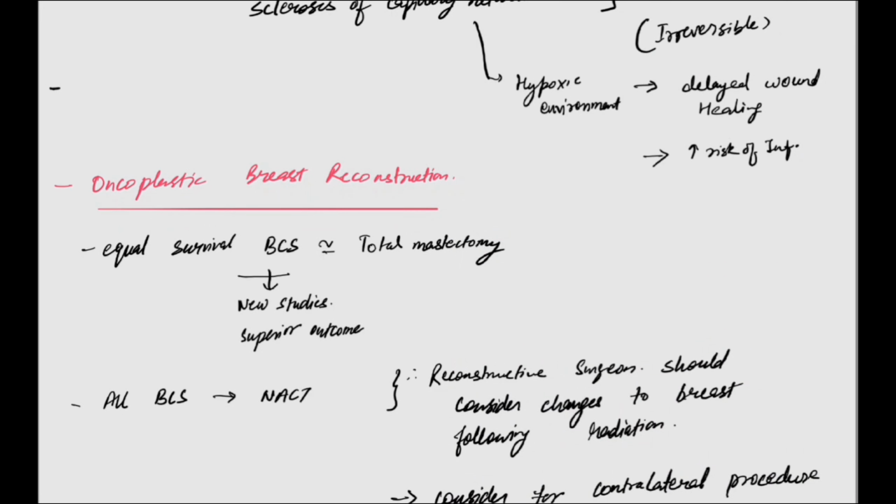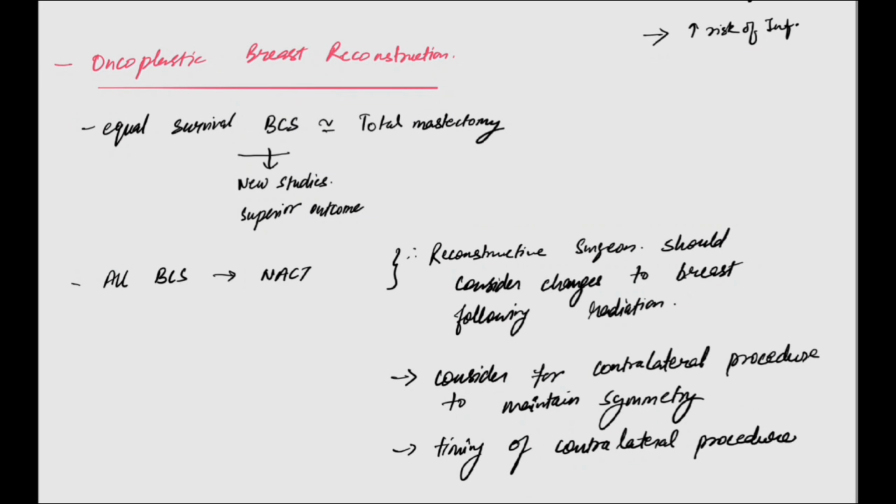Now let's deal with the conditions which a plastic surgeon has to remember in all patients of the radiation injury or all the patients which are going to have radiation therapy. For example, in cases of oncoplastic breast reconstruction, we have seen there is equal survival in cases of breast conservation surgery compared to the total mastectomy.